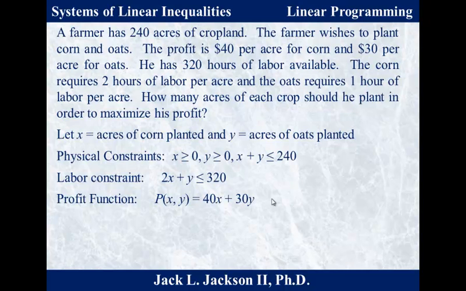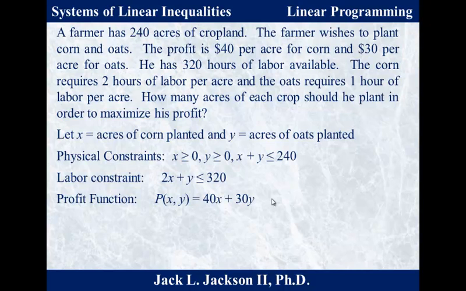Now, the total acres is 240. We can't exceed that. So if we add x plus y, it has to be less than or equal to 240. So right there, that narrows things down a little bit. But then we also have another constraint, and that's our labor constraint. We have 2 hours times x as the hours of labor for the corn, and 1 hour times y as the labor for oats.